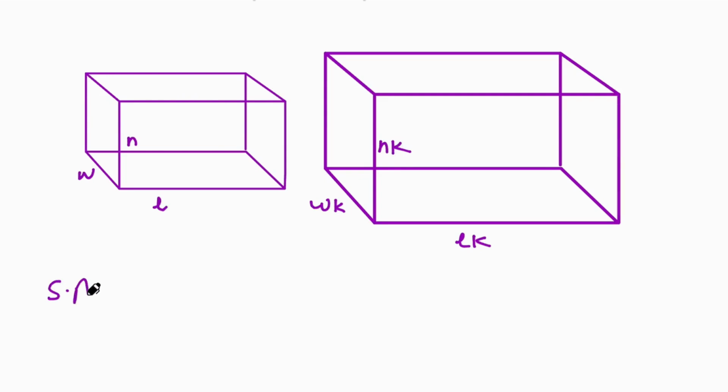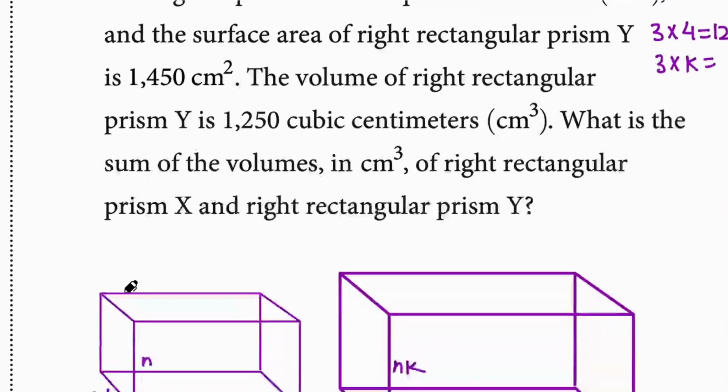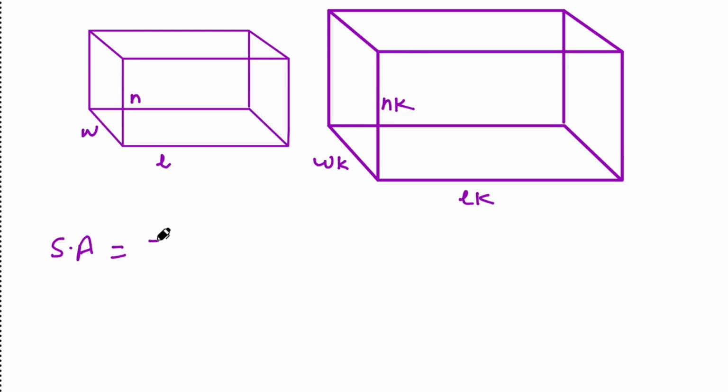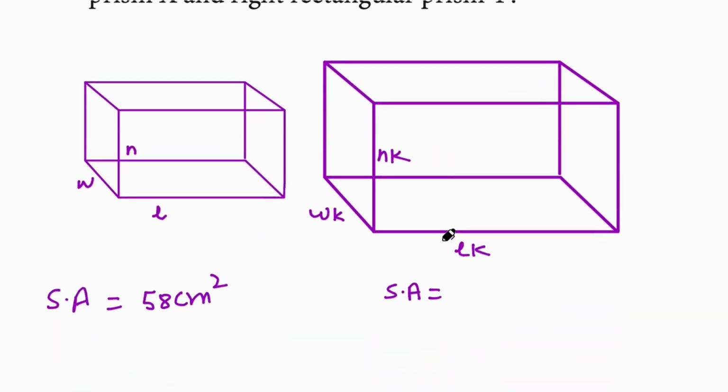Now, the surface area of the first one is 58 centimeters squared, and the surface area of the second, that means Y prism, is 1450, right? Because the sides are multiplied by K, suppose you have 58 K squared is equal to 1450.